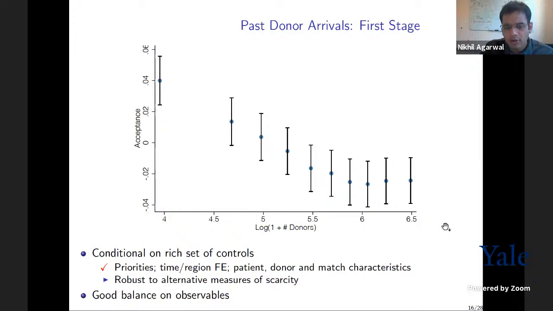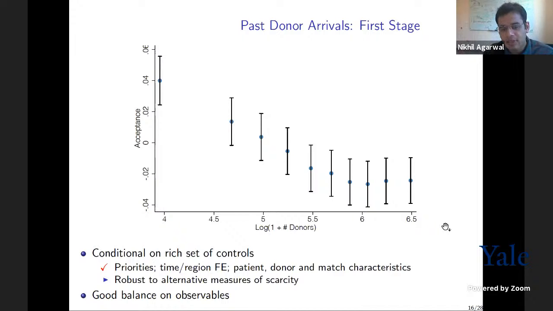Here's a bin scatter plot that shows you that. If you look at the horizontal axis, it is the log of 1 plus the number of donors that were offered in the past year to patients with the same blood type in the same region as me. We correlate that with the acceptance rate of patients under various conditions of that form, taking into account fixed effects for the time, which is the year, and fixed effects for the region, and then you see this downward trend.